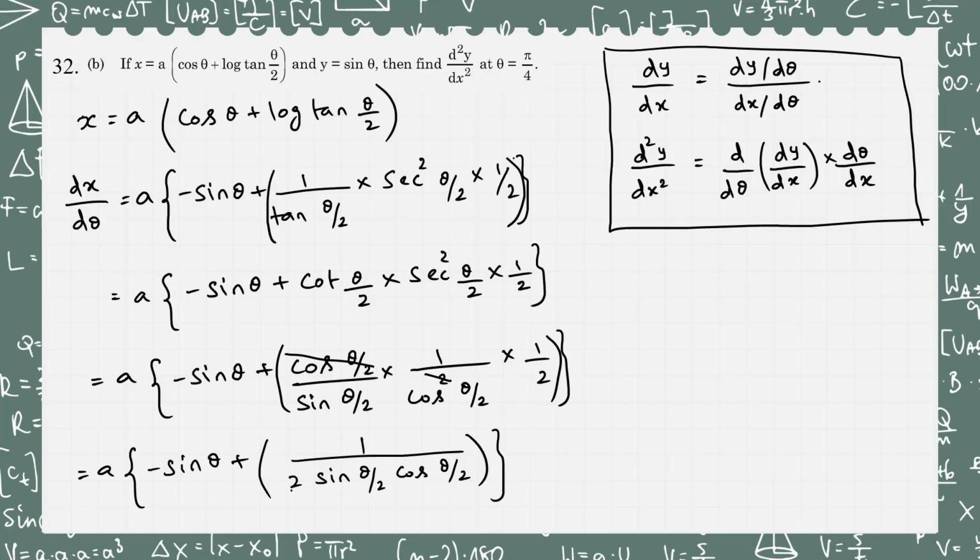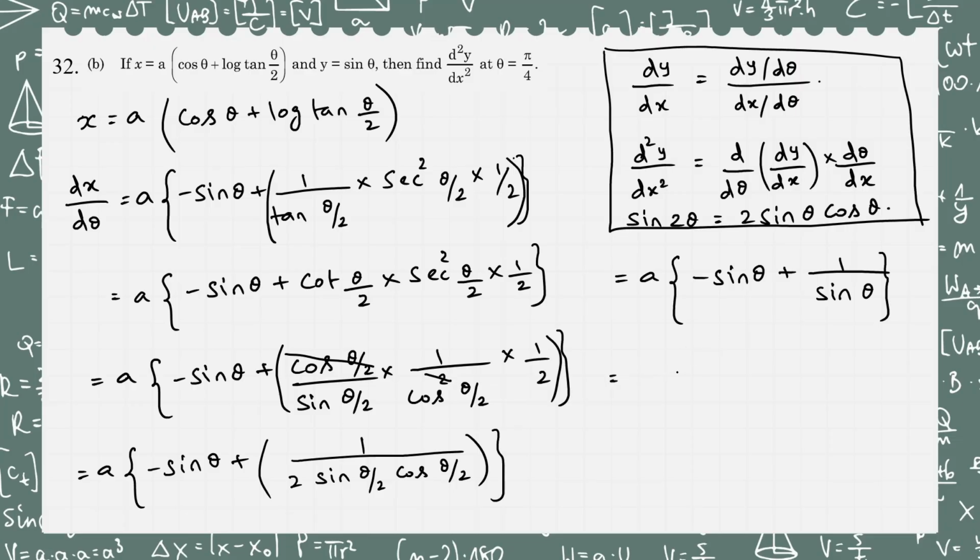This 1 by 2 we are bringing to the front: 1 by 2 sin theta by 2 cos theta by 2. And we know the formula for sin 2 theta, which is 2 sin theta cos theta. So by half angle formula, 2 sin theta by 2 cos theta by 2 will be sin theta. So this will become a into minus sin theta plus 1 by sin, 2 times theta by 2 will be just theta.